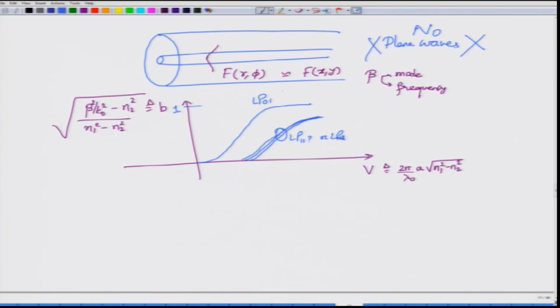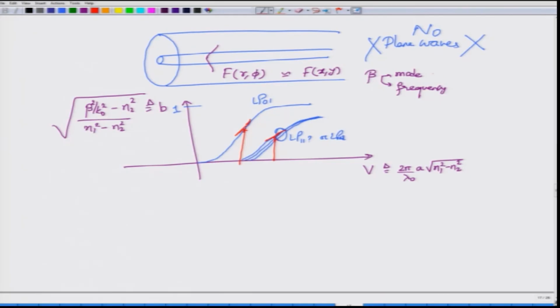But nevertheless, the point here is that you are now looking at the propagation constant, which is different at different modes, as well as how exactly it varies around each mode. So, this variation is both in terms of mode as well as in terms of frequency at a given mode itself.